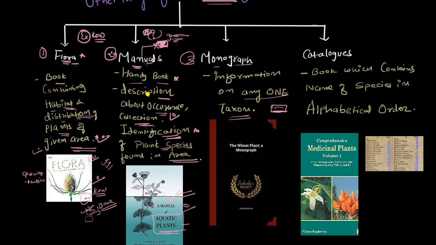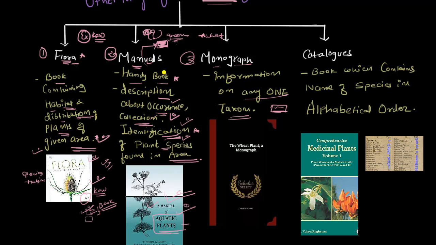In that I am going to find the occurrence, collection and identification of that plant species. So if I see a plant that looks beautiful and want to know about it, I need to identify that it was some kind of wheat plant.